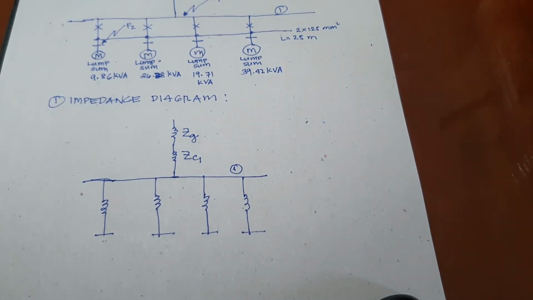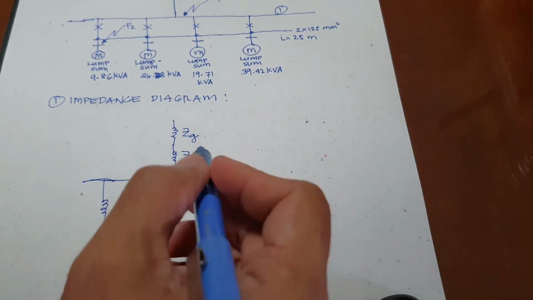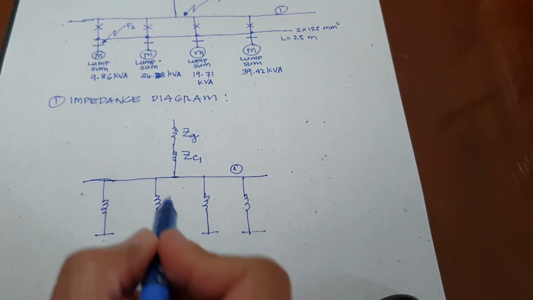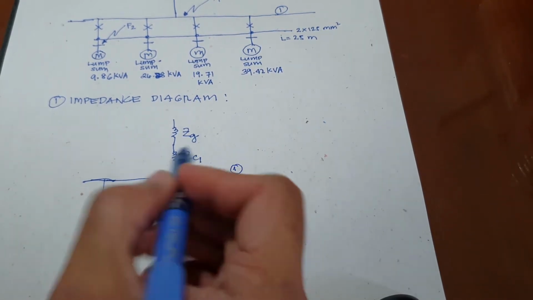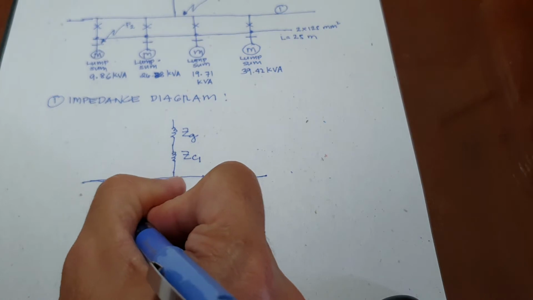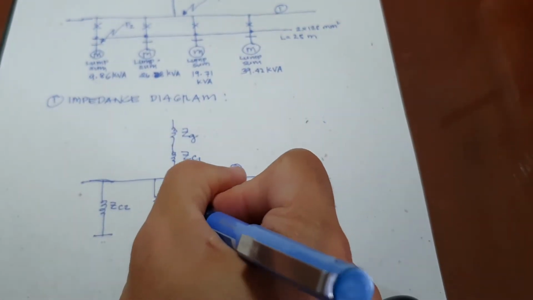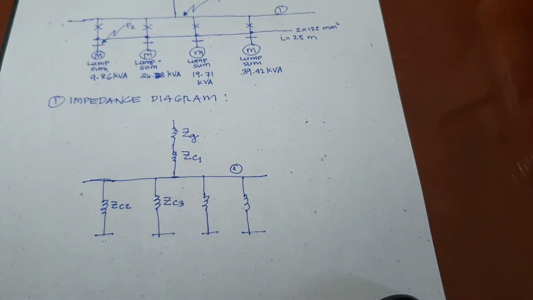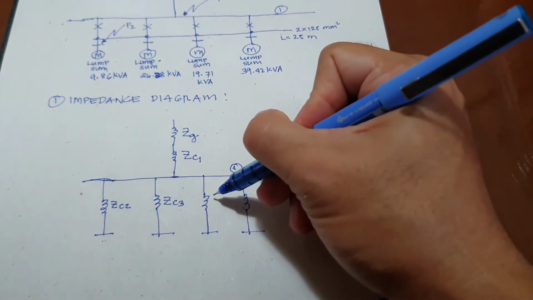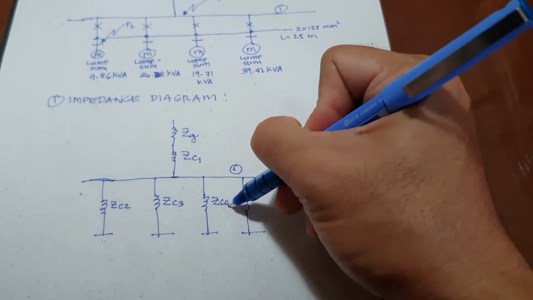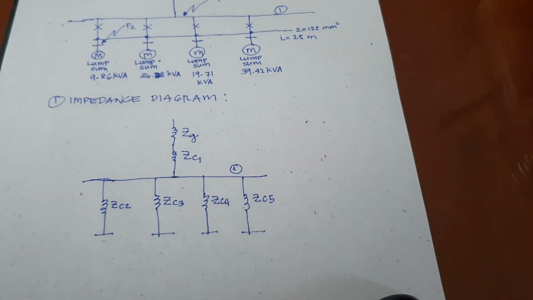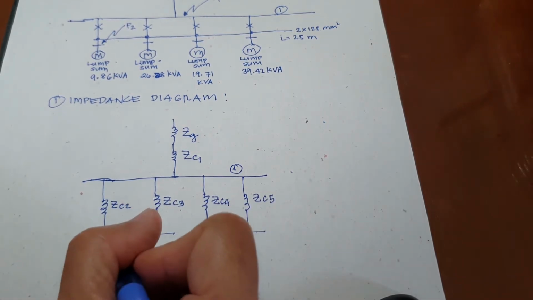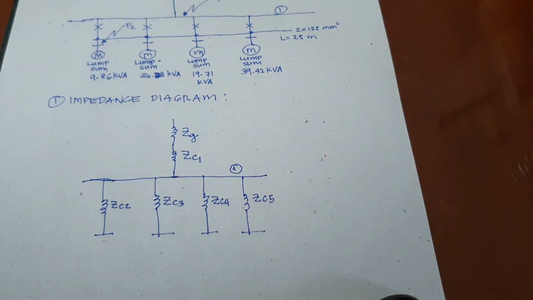Then first we have to put some taggings in here. This is ZC1, so this is ZC2, C3, and this is C4 and C5. Then connected to the bus are the lump sum motors.